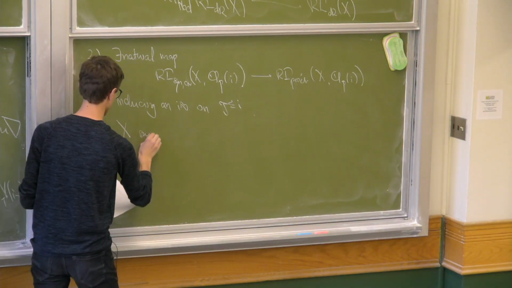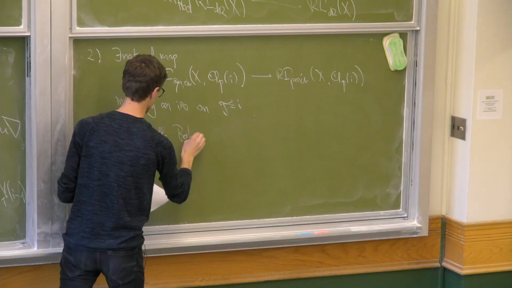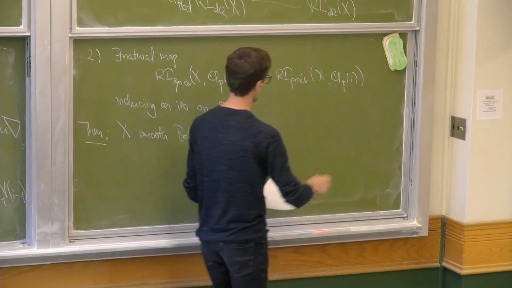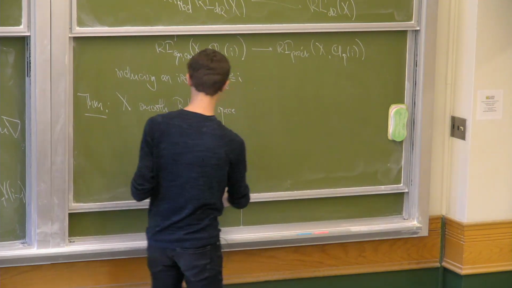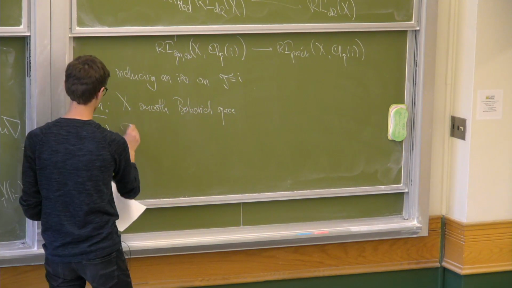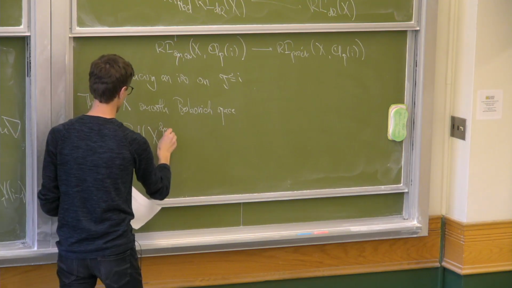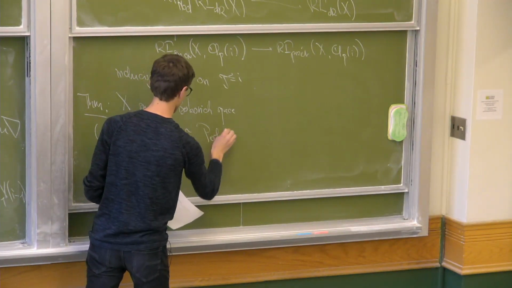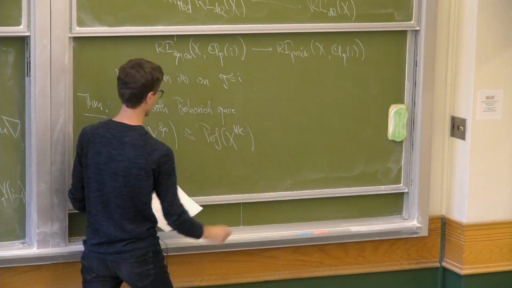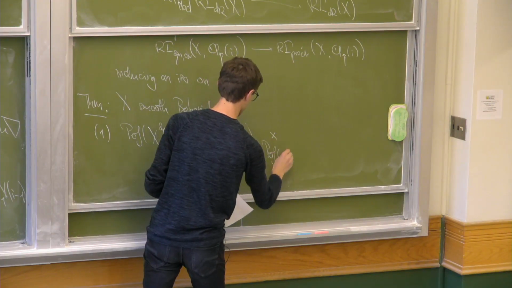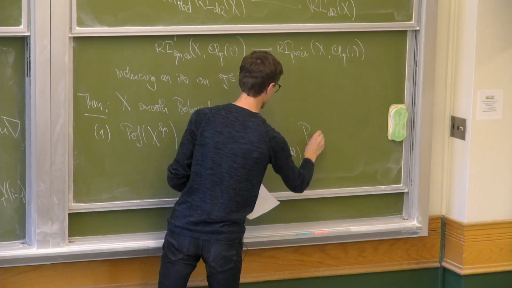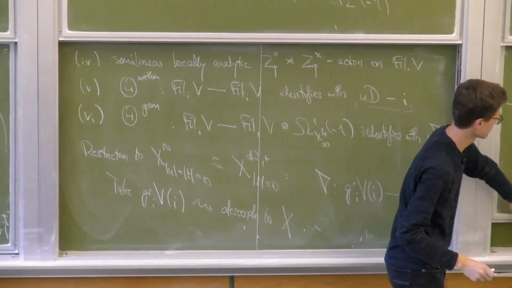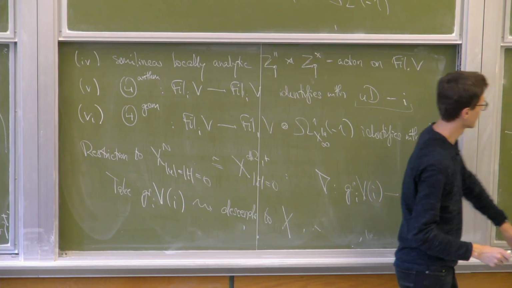So if X is a smooth rigid space over Qp, then I can describe the category of perfect complexes on the syntomification in terms of perfect complexes on the de Rham stack and perfect complexes on the filtered prismatization, on the filtered Rham stack.